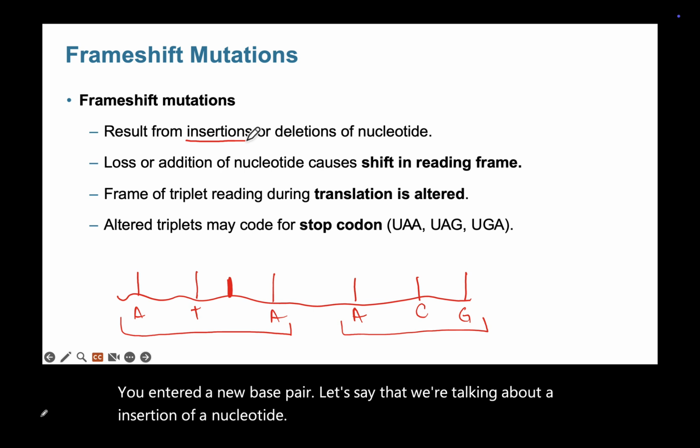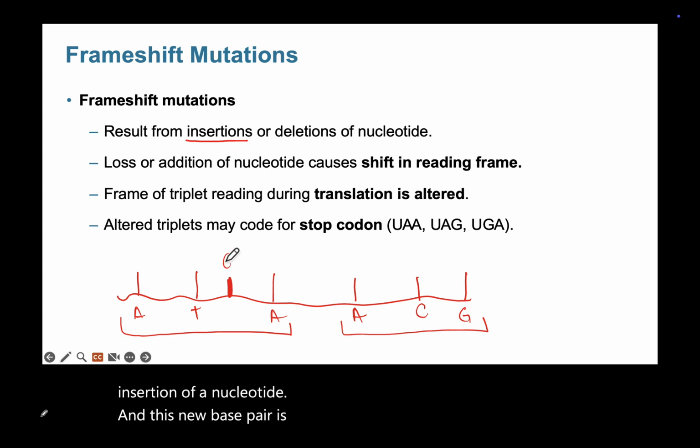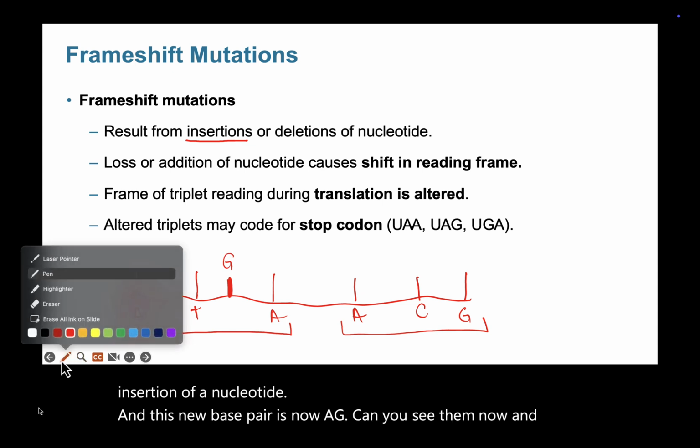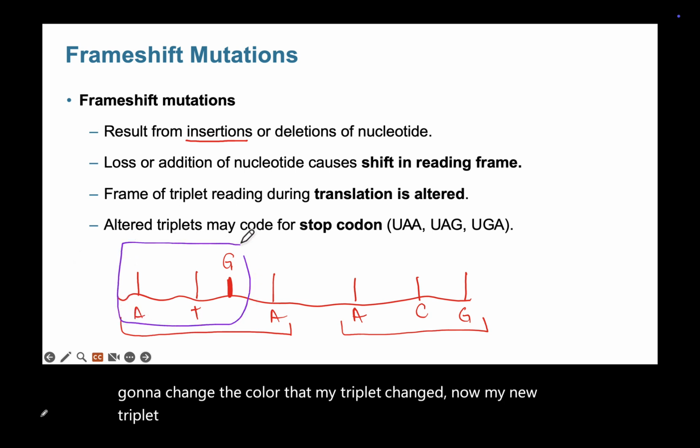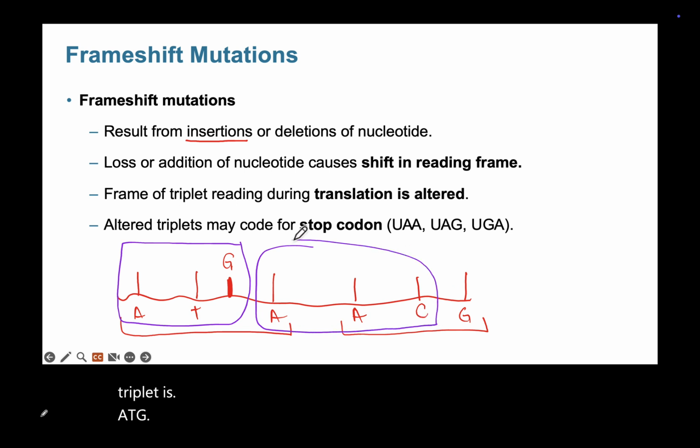And this new base pair is now a G. Can you see that now, and I'm going to change the color, that my triplet changed. Now my new triplet is ATG, AAC, and the G goes with another triplet, of course.